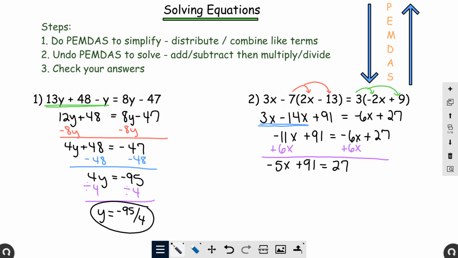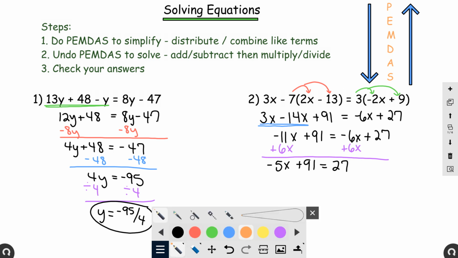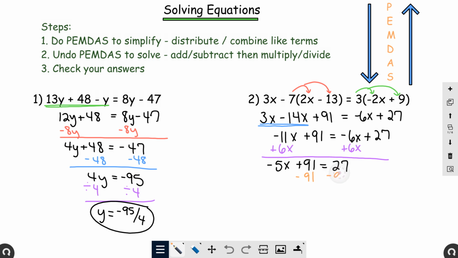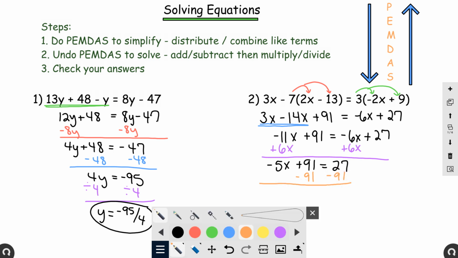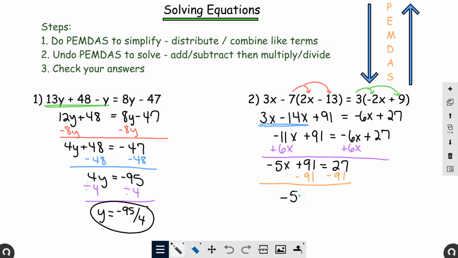And then what would we do? Subtract the 91. Yep, you're right. Let's subtract that. -64. All right, and last step.